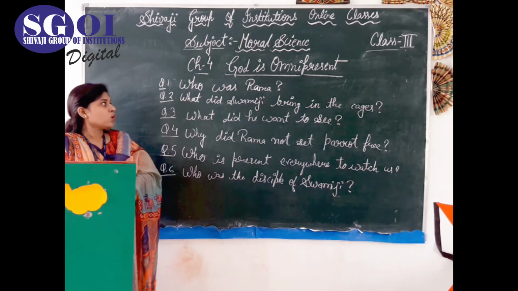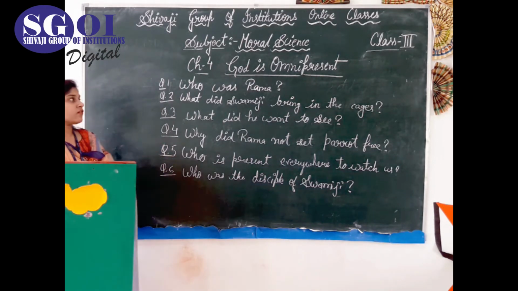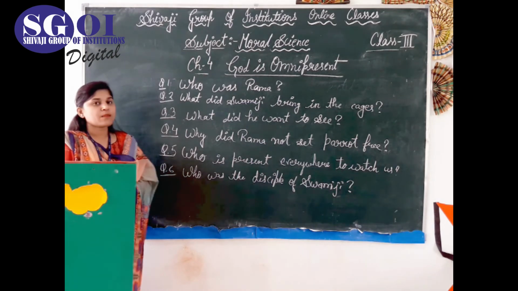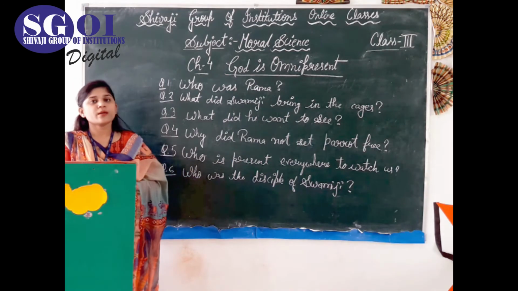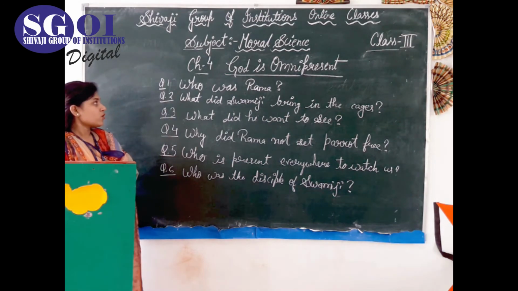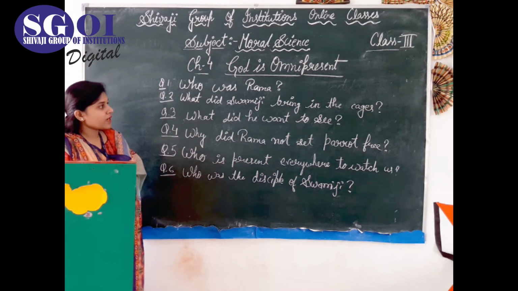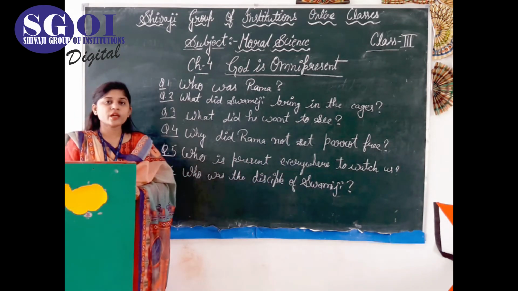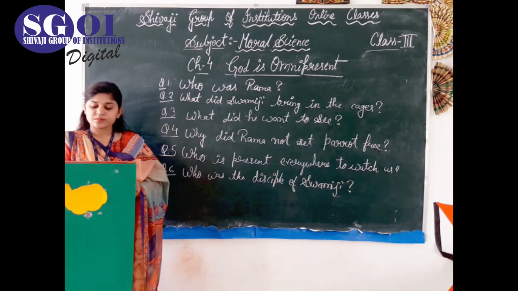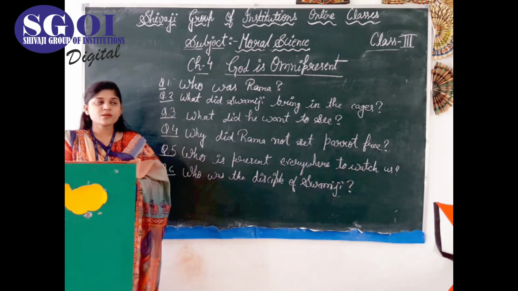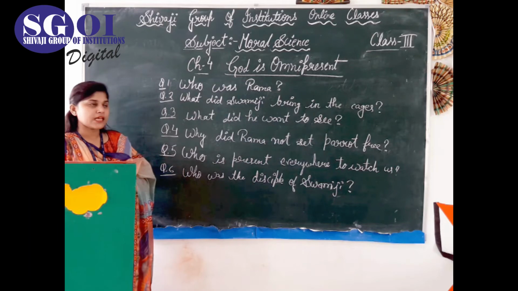So let's start. Come to the question answer. First question is, who was Rama? Rama was a very intelligent boy among all the students. Question number 2, what did Swamiji bring in the cages? Swamiji brought some parrots in the cages.